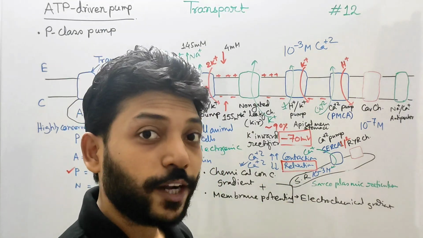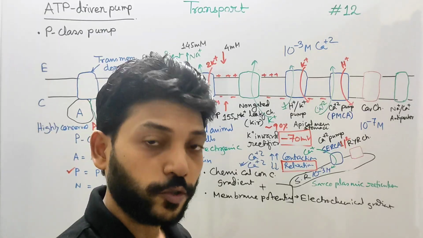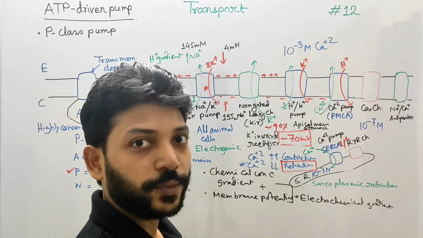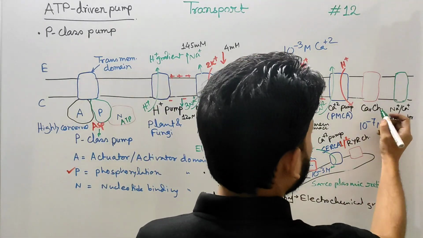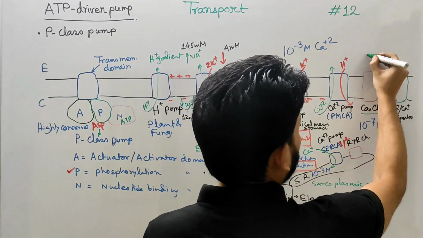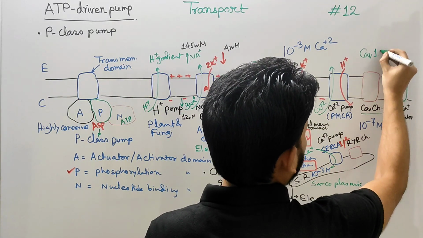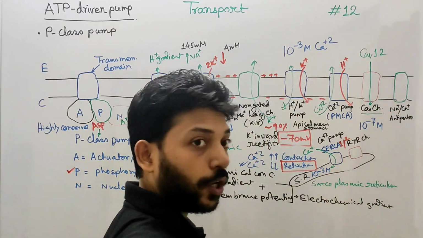Now, how does contraction occur? Which transporter proteins are responsible for contraction? Two important channels are responsible for contraction. One is the voltage gated calcium channel. In heart muscles, there is a particular calcium channel present called voltage gated calcium 1.2. Through these channels, calcium import occurs.